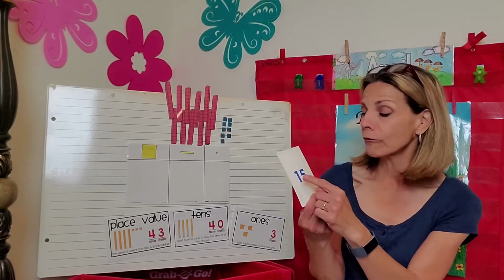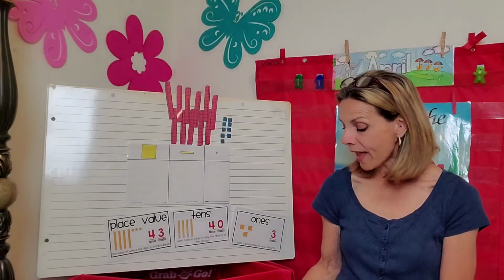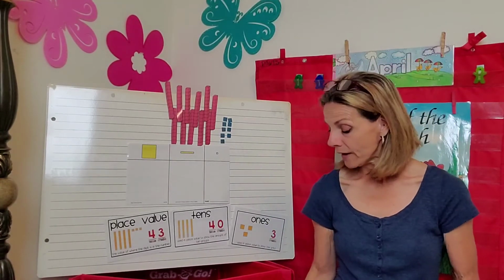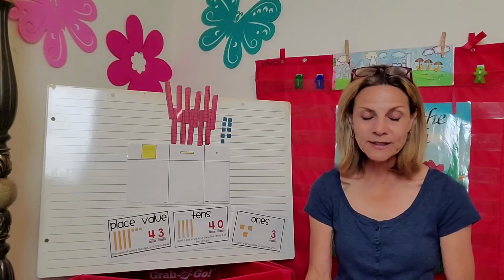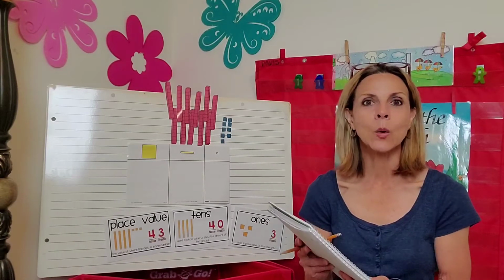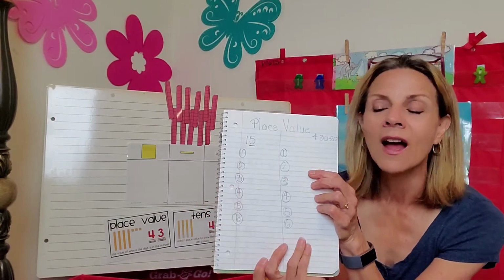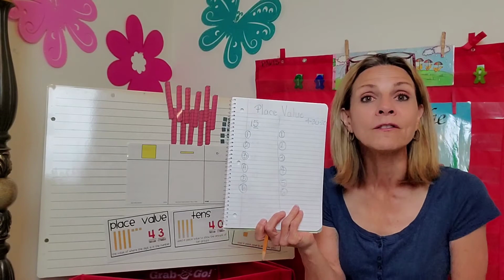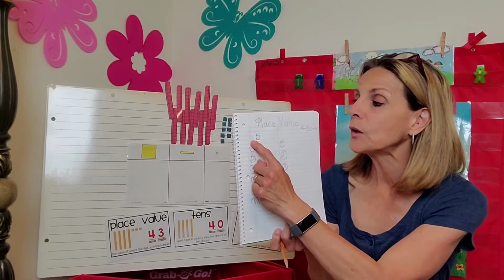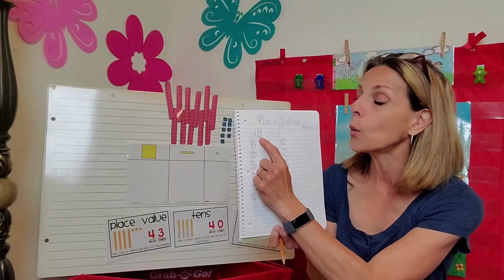So on my spiral, you saw that I wrote down the number 15, and then if I were doing this and calling this out, I would say, okay, I want you to underline the digit that's in the ones position. And so I just went ahead and underlined the 5 because in the number 15, it is built with 1 ten and 5 ones. So this is the ones position.